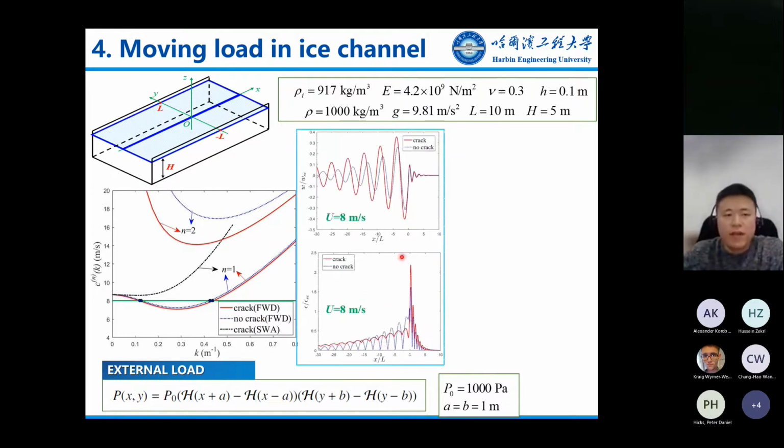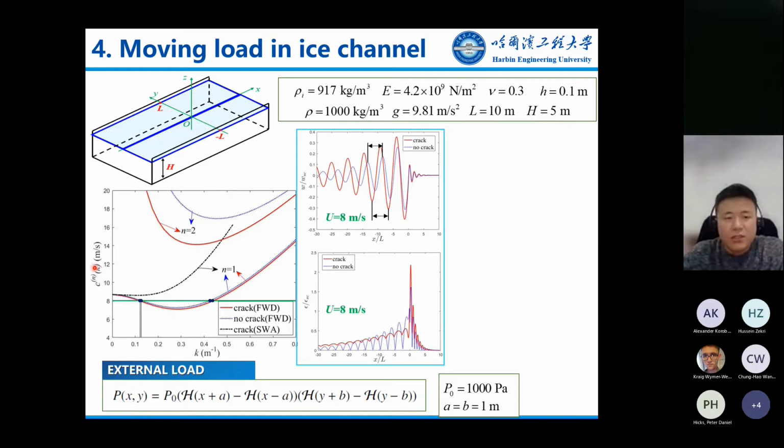This is also reflected in the ice deflection, where the short wave propagates in front of the load and the long wave propagates behind the load. The wavelength of the ice deflection is equal to the wavelength corresponding to the intersection of the hydroelastic wave curve. Here, the cases of the ice sheet with and without a crack are presented.